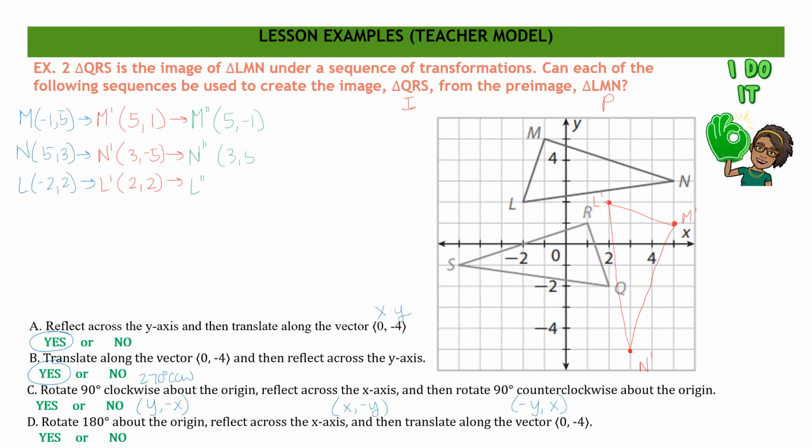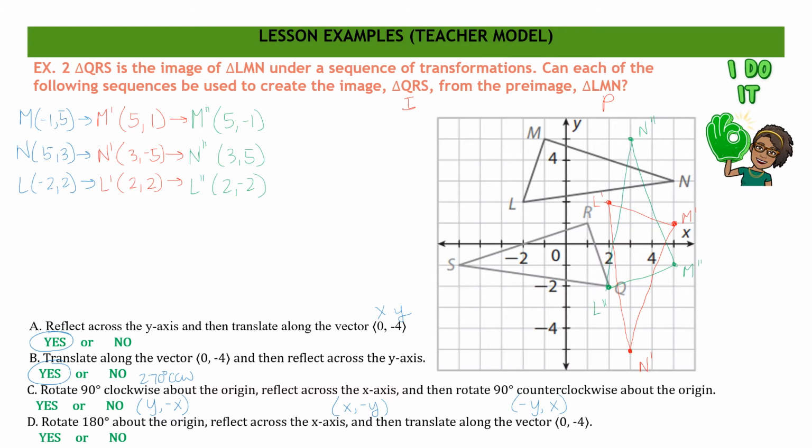I have 3, 5, and 2, -2. So let's go ahead and graph that. 5, -1 would be here for M double prime. N was 3, 5, so 3, 5 would be up here for N double prime, and then L double prime would be 2, -2 down here. So my second transformation looks something like this.